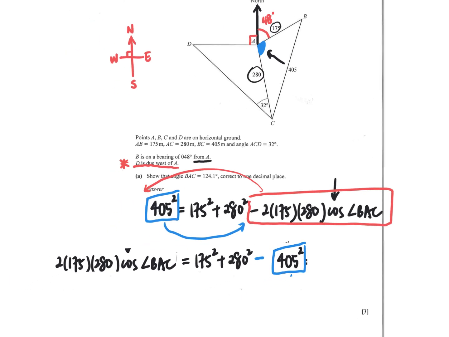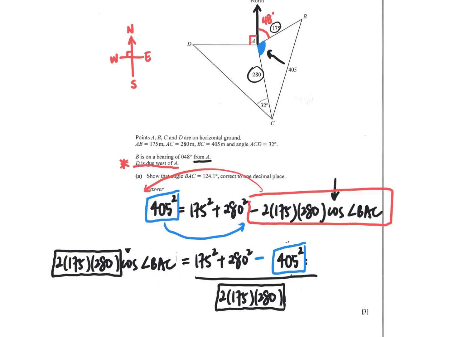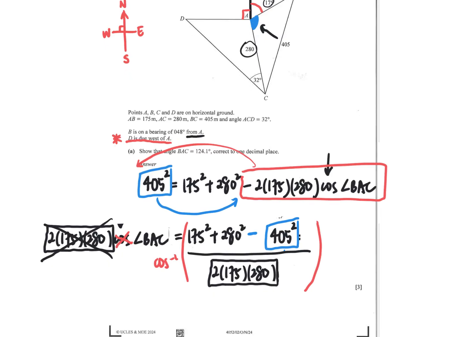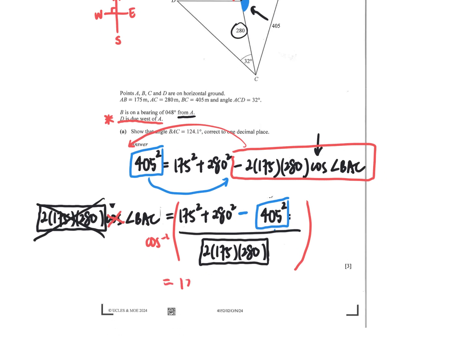The key step is I want to get rid of this chunk, so bring the entire chunk down to divide. So this whole chunk is gone. Then if you want to be lazy, just bring the cosine inverse here and inverse the whole thing. So the cosine rule is 3 marks. Please take it.